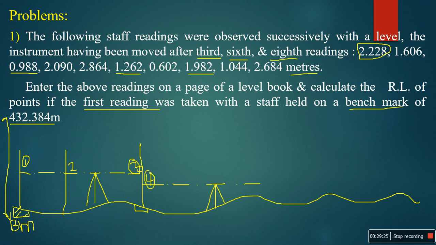This is the fourth reading. Then again fifth, maybe staff will be here. Okay, so I am considering here. So this reading is the fifth. Then after the sixth, again they have shifted the instrument. So this is the last reading, that's why I am holding the staff here. This is our sixth reading.